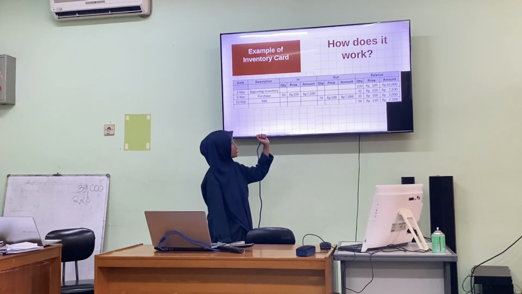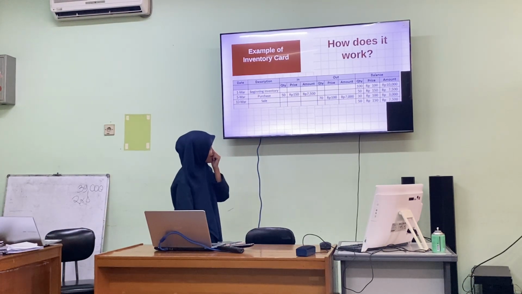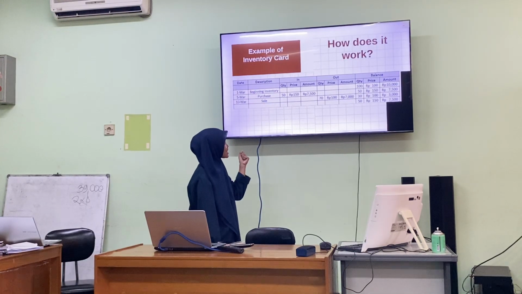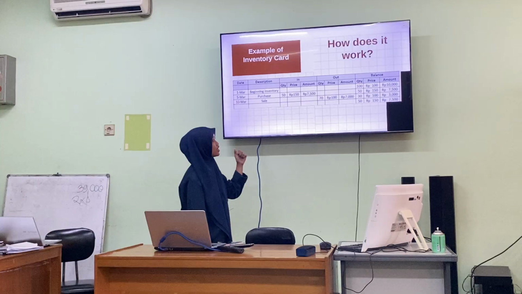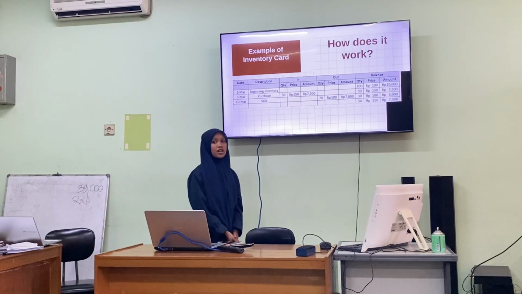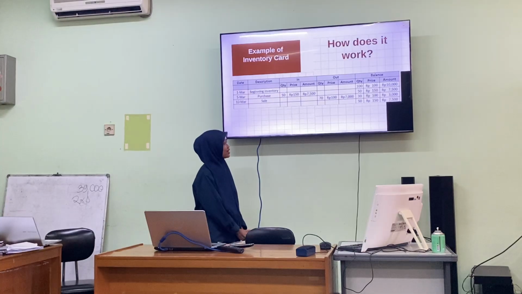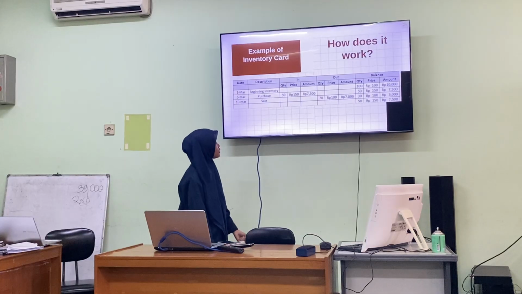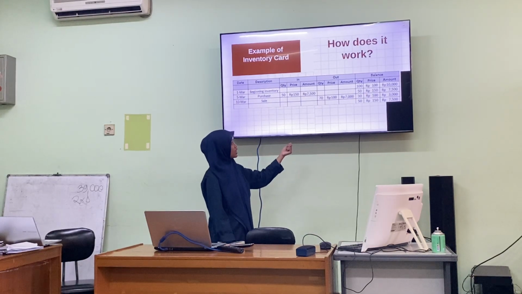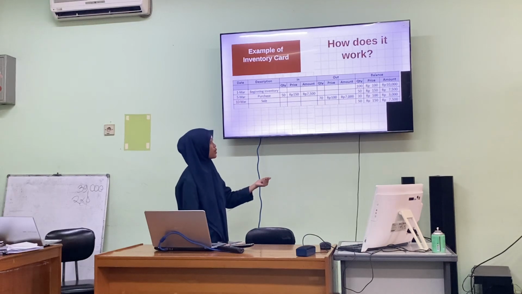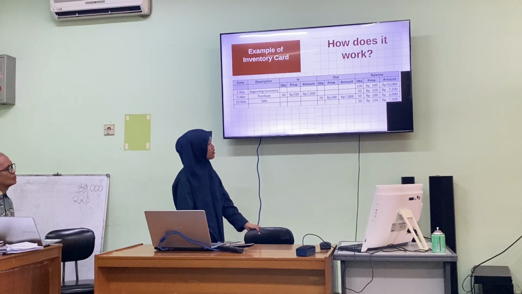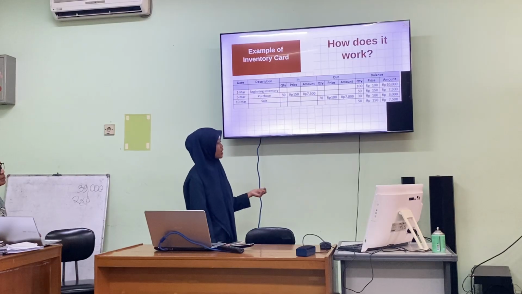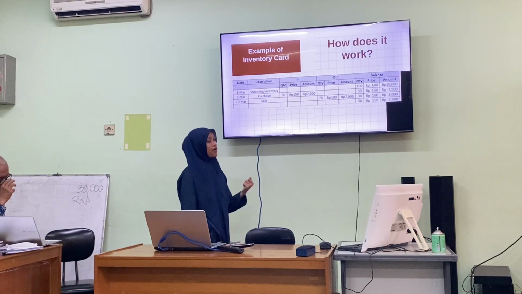The first is 30 units at a unit price of 100 rupiah, for a total balance of 3,000 rupiah. The second is 50 units at a unit price of 150 rupiah, a balance of 7,500 rupiah.